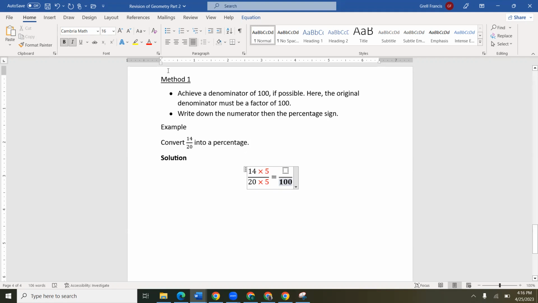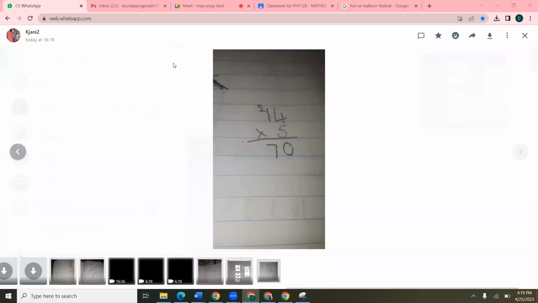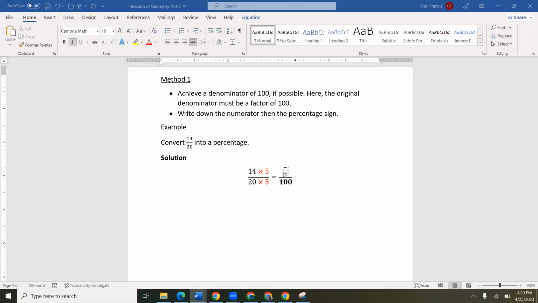Now, what is 14 by 5? Please don't use the calculator. So as you can see, 14 by 5, or 5 times 14, is 70. So therefore, 14 over 20 becomes 70 over 100.